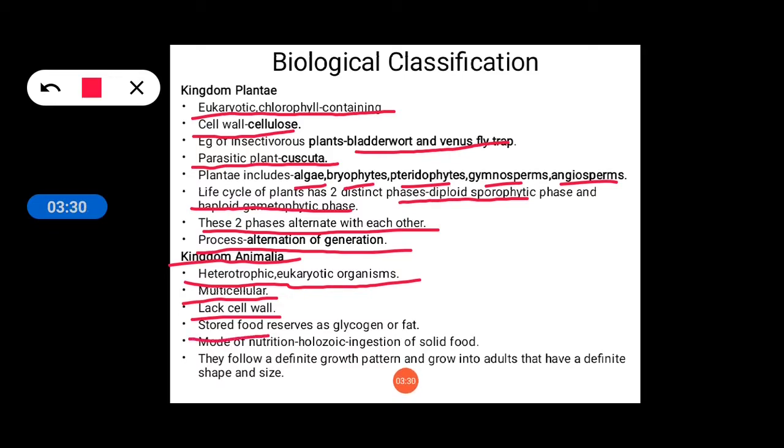Stored food reserves as glycogen or fat. In the organisms belonging to the kingdom Animalia, food is stored in the form of glycogen or fats. The mode of nutrition is holozoic. Holozoic means ingestion of solid food.